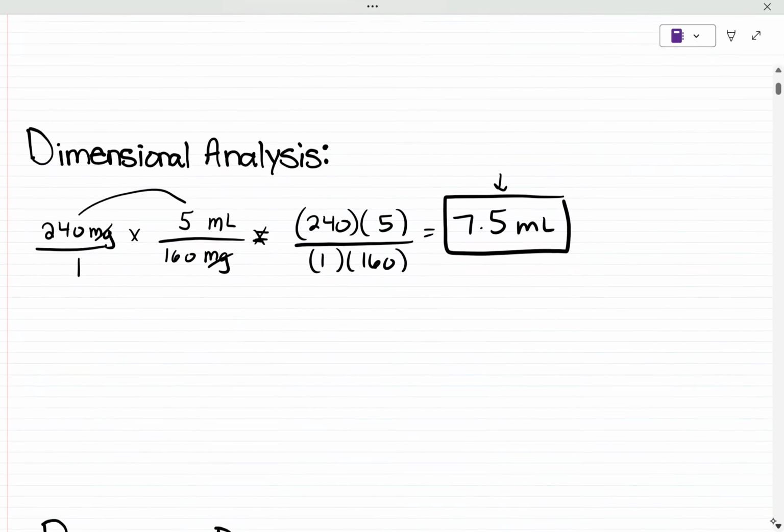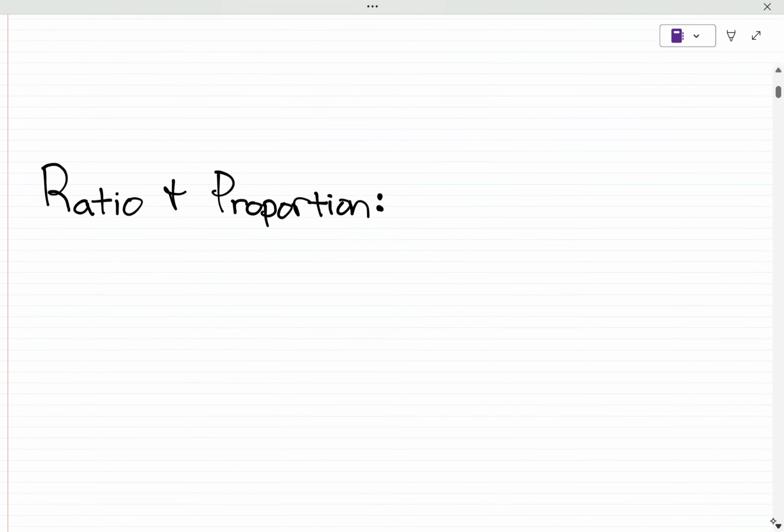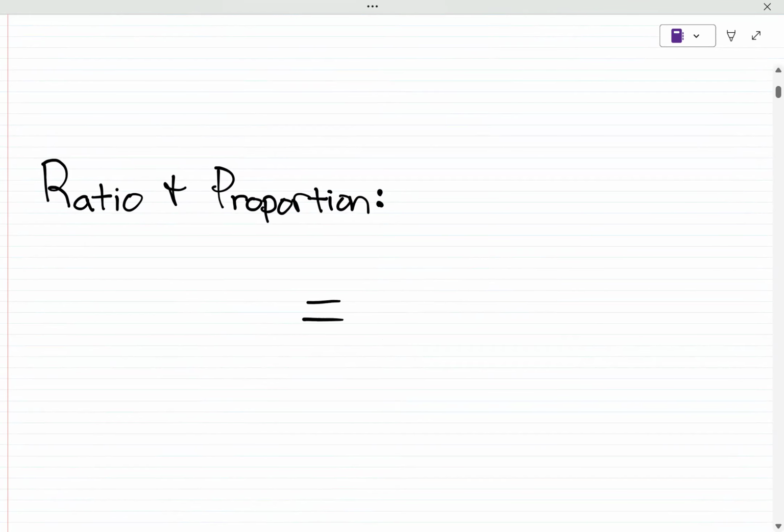That was dimensional analysis. Now ratio and proportion, where you make two fractions, and you can set it up any way you like. You can put milligrams on top and milliliters on the bottom, but then both fractions must follow the same arrangement. Do we need a double conversion? No, because we already have milligrams. Our availability was 160 milligrams for 5 milliliters.